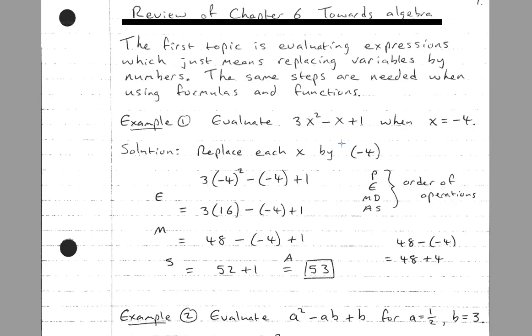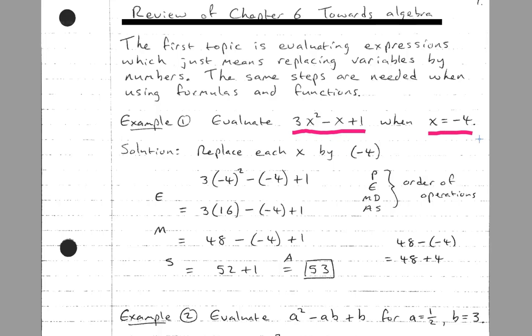Example 1, so here's a basic example. Here's an algebraic expression. Evaluate this when x is -4. So x is a variable. It could represent any number.